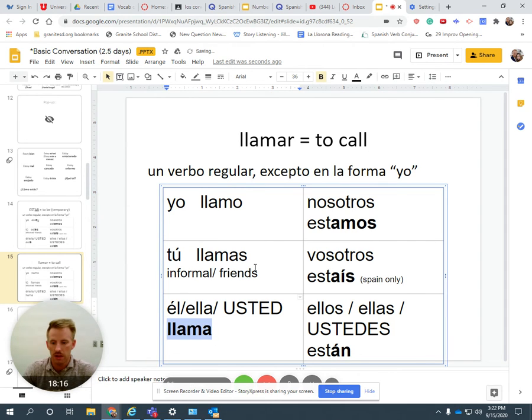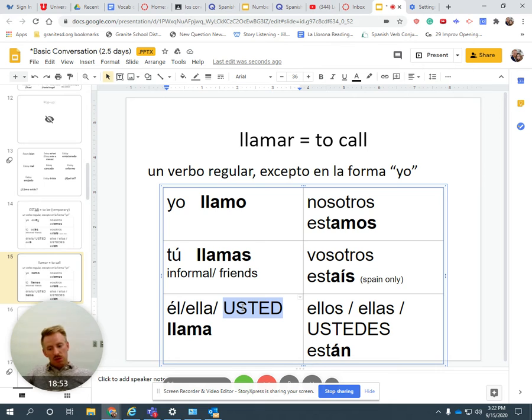So if we're asking someone who's the same age as us, or we're kind of peers, or maybe it's a younger sibling or a dog, you use the tú form, like ¿cómo te llamas? Maybe it's a classmate. You say, hey, ¿cómo te llamas? You're kind of the same age, you're being friendly. Now let's say it's a teacher or the principal or somebody else older, you're being polite, you'd say, ¿cómo se llama usted? ¿Cómo se llama usted? Okay.